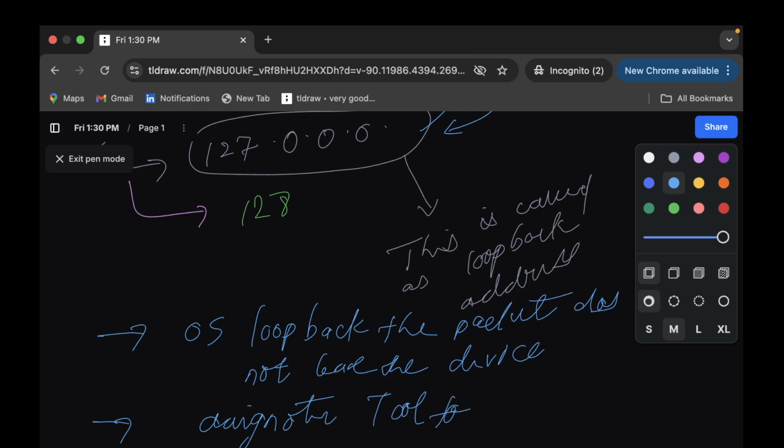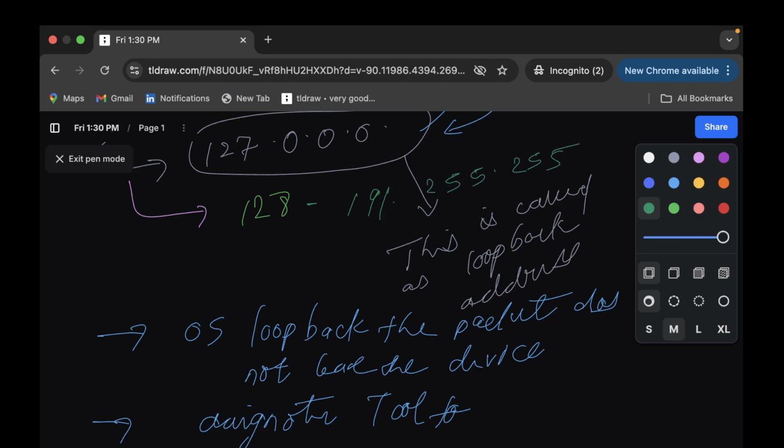Since the entire 127 range is reserved, the class B address starts from 128 and goes up to 191.255.255.255.